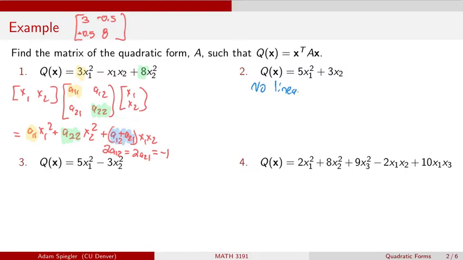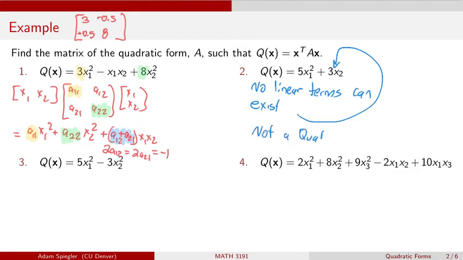No linear terms can exist, but we have one in this expression, namely the 3x2, so this is not a quadratic form. Not every function is a quadratic form. They need to have a very special form, namely that they can be written as x transpose times a symmetric matrix A times x.